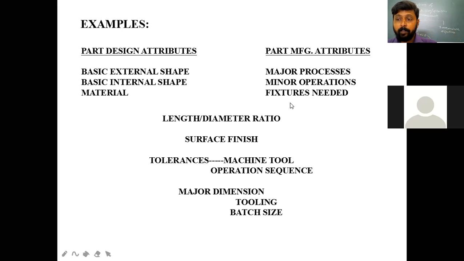Now, what are the manufacturing attributes? The major processes, like drilling, milling, boring, whatever it is. What are the major processes that we have to consider in manufacturing attributes? Then minor operations, there will be some minor operations, so that we have to discuss. Then there are jigs and fixture types needed, that is a part of manufacturing. Then there is surface finish.